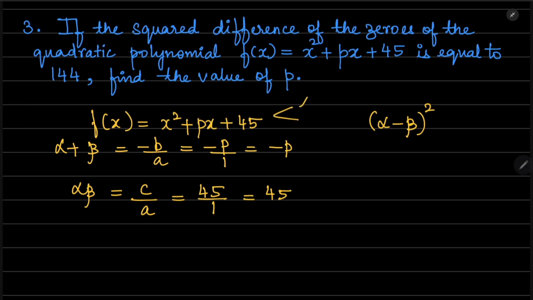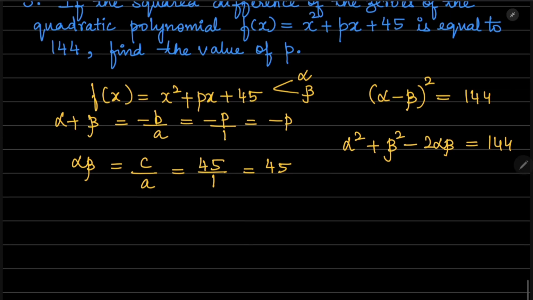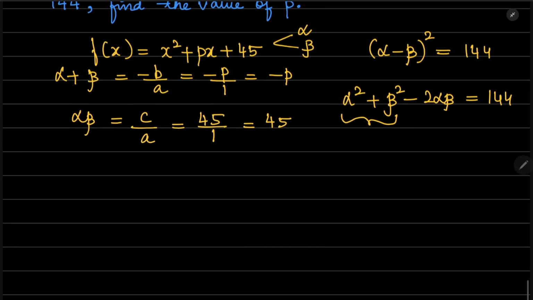So here alpha and beta are the zeros. The square difference of the zeros of the quadratic polynomial is equal to 144. So alpha minus beta the whole square, like a minus b the whole square, is a square plus b square minus 2ab, that is alpha square plus beta square minus 2 alpha beta, equal to 144. What is alpha square plus beta square?